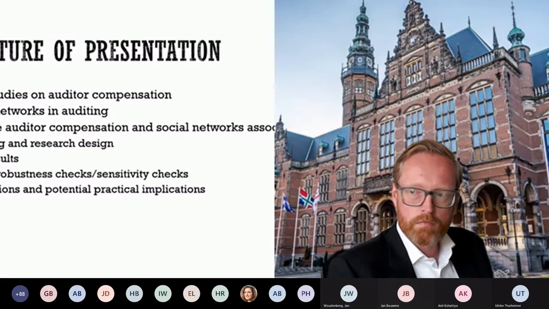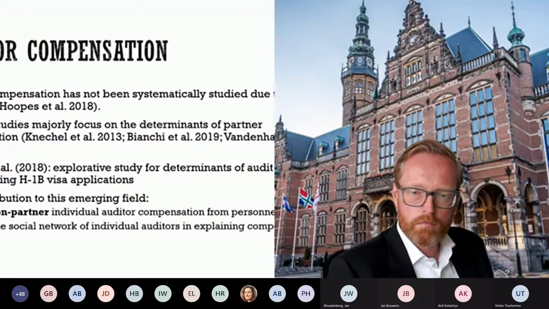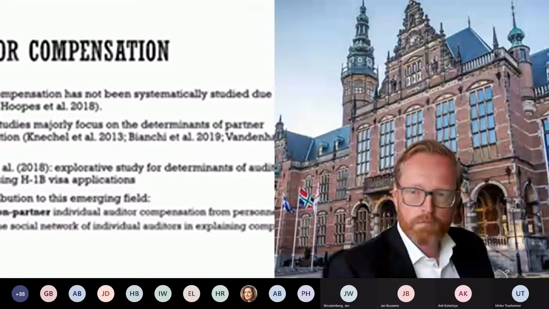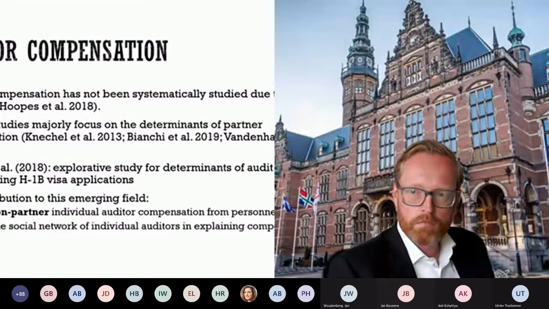If you look at auditor compensation, a lot of the studies published on this topic, which is still rare, but a lot of researchers would like to look into it because it's obviously very important, focus on partner compensation.